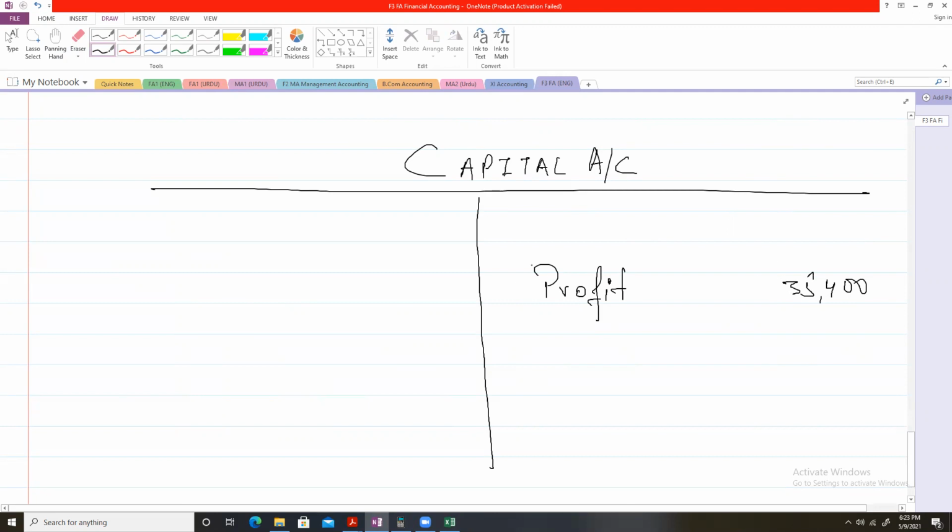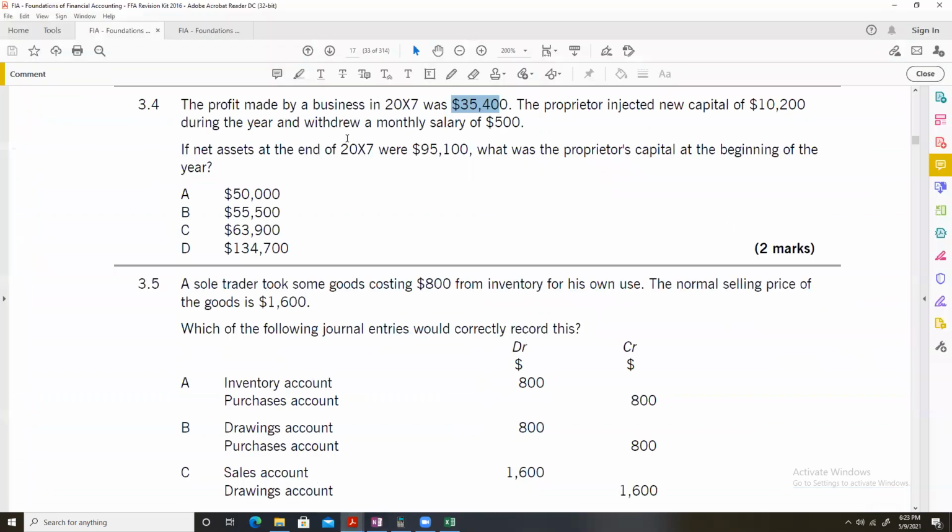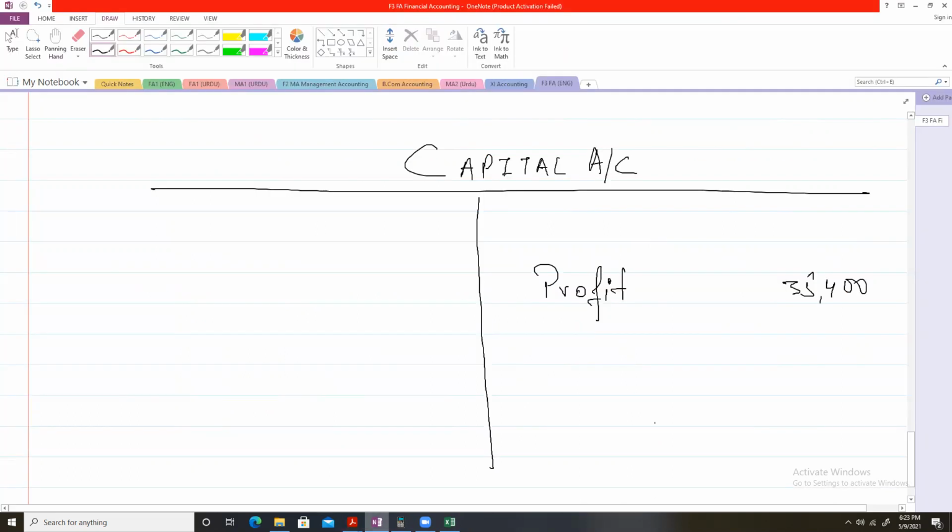Capital increases with the amount of profit made. We credit, so we mention profit on the credit side. I am telling you again. The owner invested new capital into the business, that is 10,200. So simply on the credit side, mention 10,200. This is the owner's investment in the business.